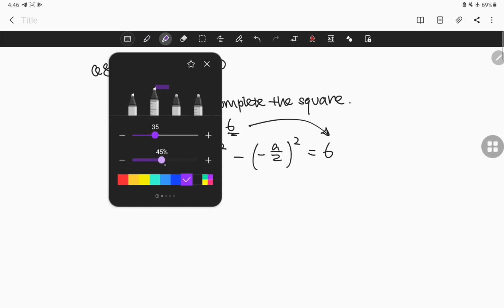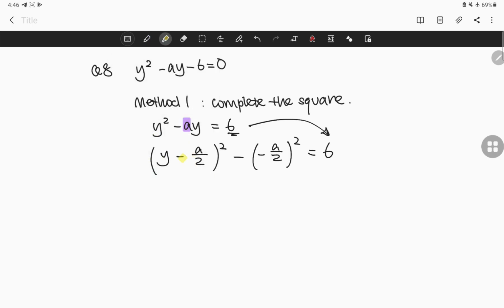So there is a minus sign over here because of this minus sign. Same for this. Simplify this and we will get y minus a over 2, the whole thing squared, minus a squared over 4. And this is equal to 6.